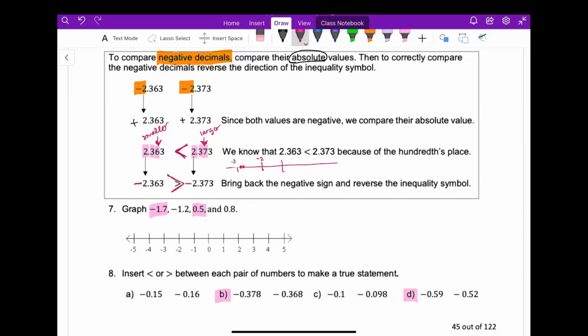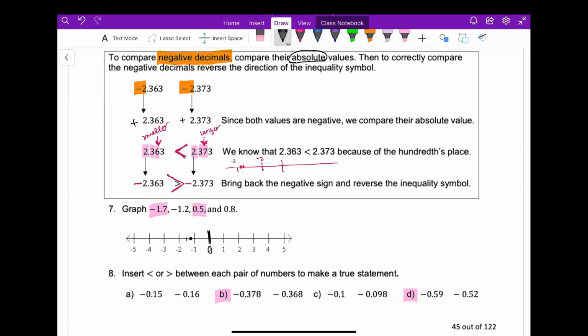Let's take a look. Let's graph negative 1.2, this would be 0.5, so this is 0.2, and 0.8.